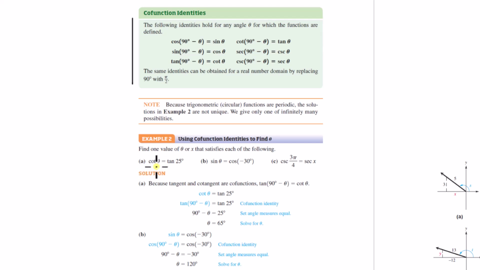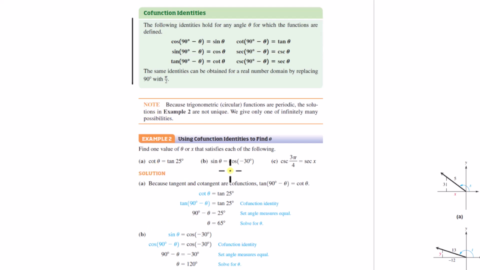If cotangent of 65 is equal to tangent 25, then 65 plus 360 is 425, so cotangent 425 is also a solution. And it's an infinite number. You could go plus or minus 360, plus or minus 360. That's what they're talking about in this note here.